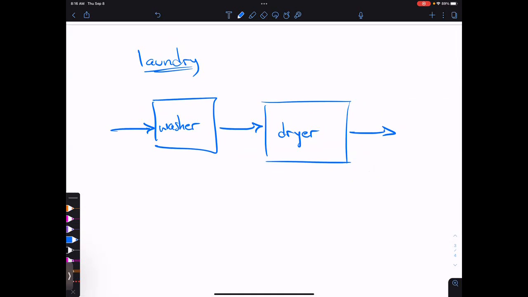Okay. What goes into the washer in the first place? Dirty clothes. Dirty clothes in the washer. You turn the washer on. The washer does its thing. Then what? Clean clothes, but they're wet.